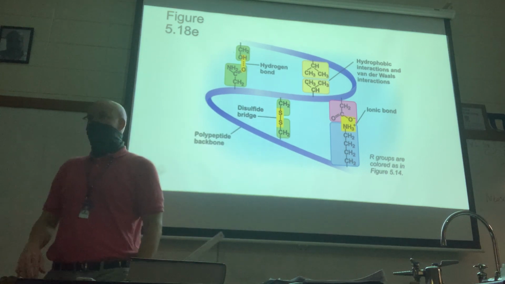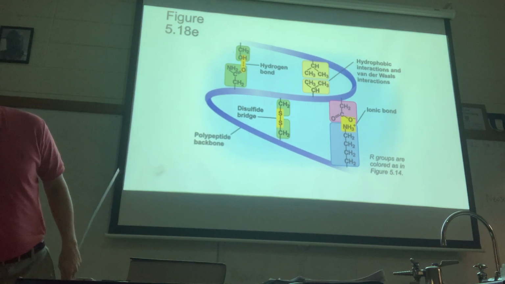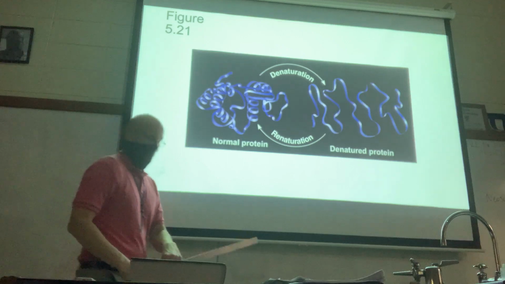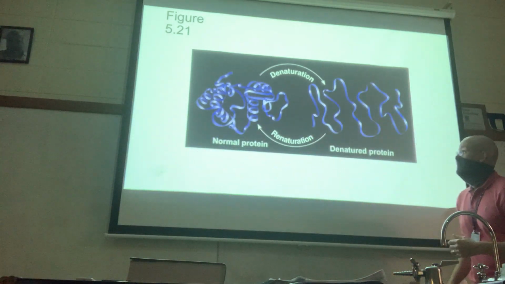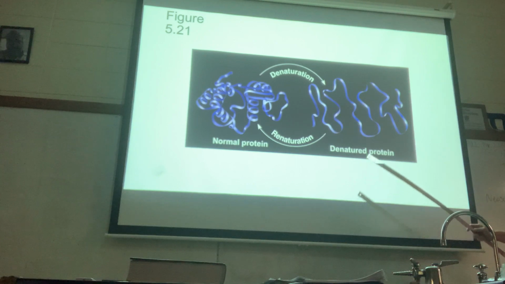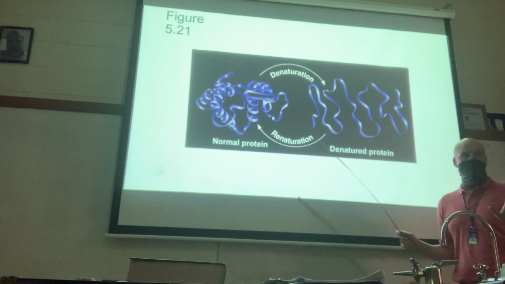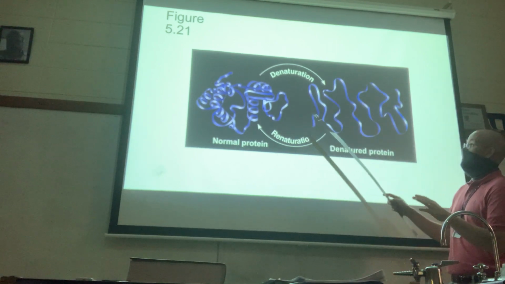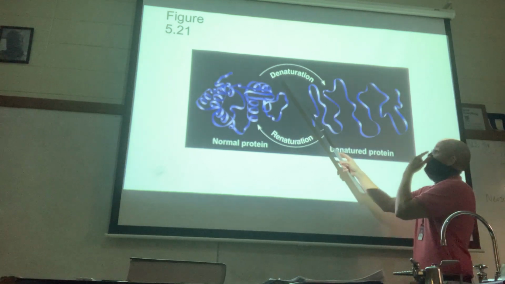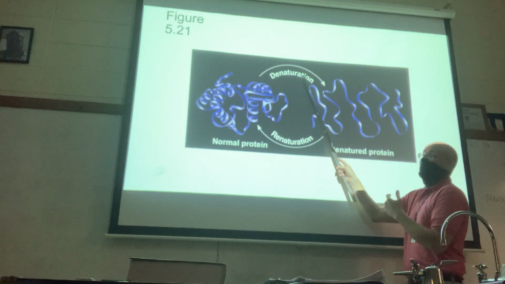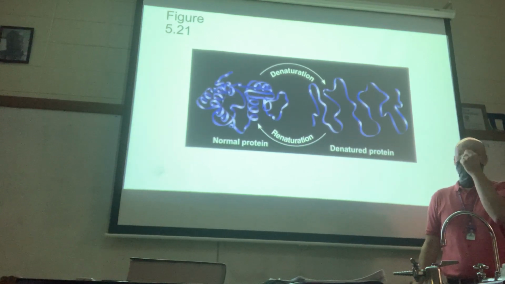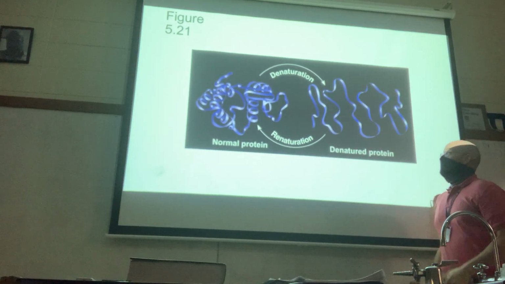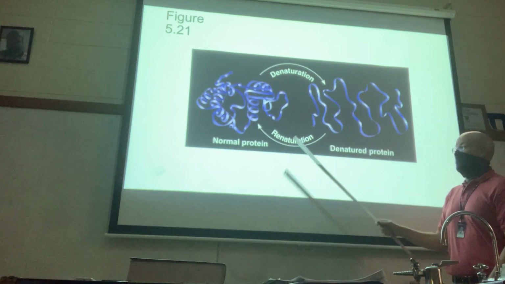Which takes us to this last slide here that is related to the shape of a protein. And the only word I really care that you know on this slide is denaturation. To denature. Now, this process can go the other way.